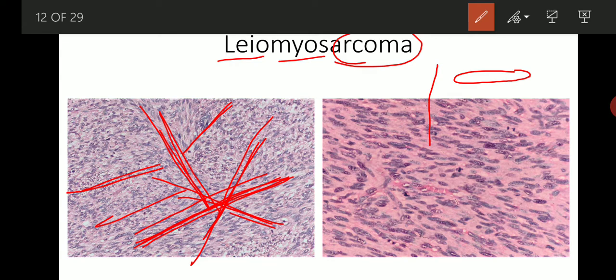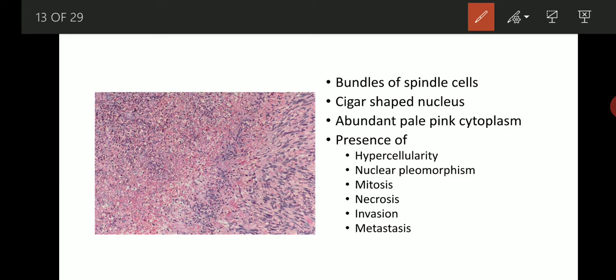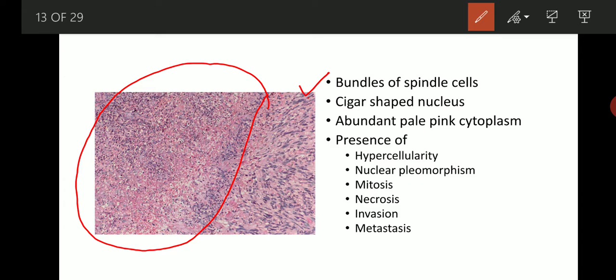And if you see at a still higher power or in other areas, you will see that there are large areas of necrosis. This area is necrosis. The cells can be easily seen here, you can appreciate the nuclei, but in this area it feels as if there is some pink granular material and there are blue dots within them.